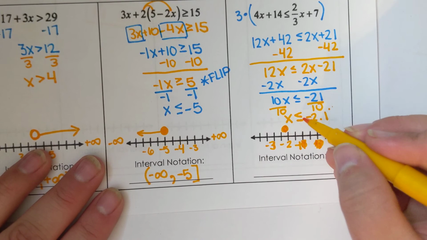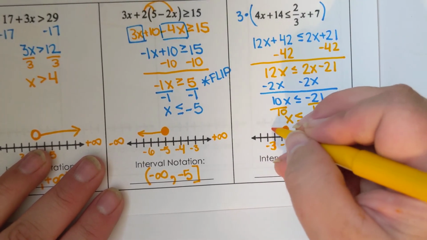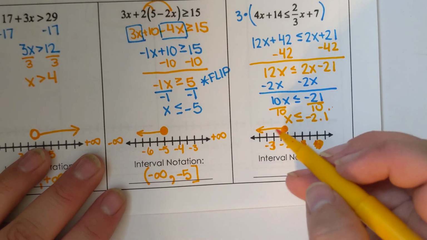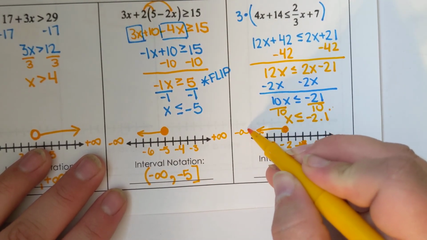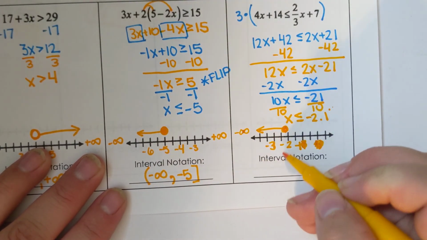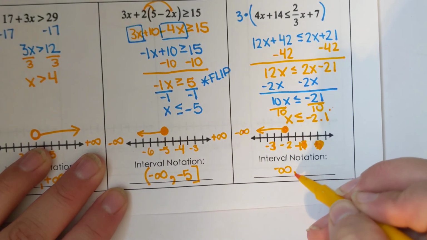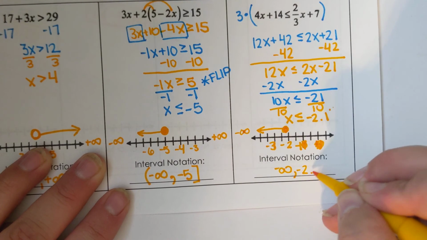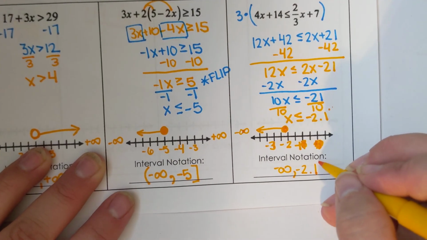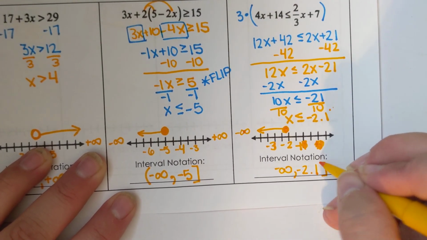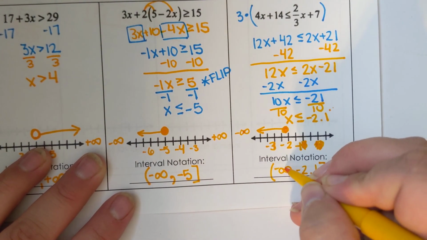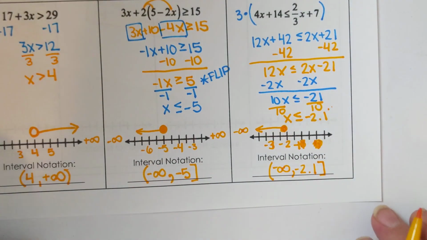This is pointing to the left, so that's a less than. So my interval notation is going to go from -infinity on the left, comma, the right side ends at -2.1. And then the -2.1 gets a square bracket because it is an or equals to. You don't ever have to ask yourself about the infinities because they always get parentheses.